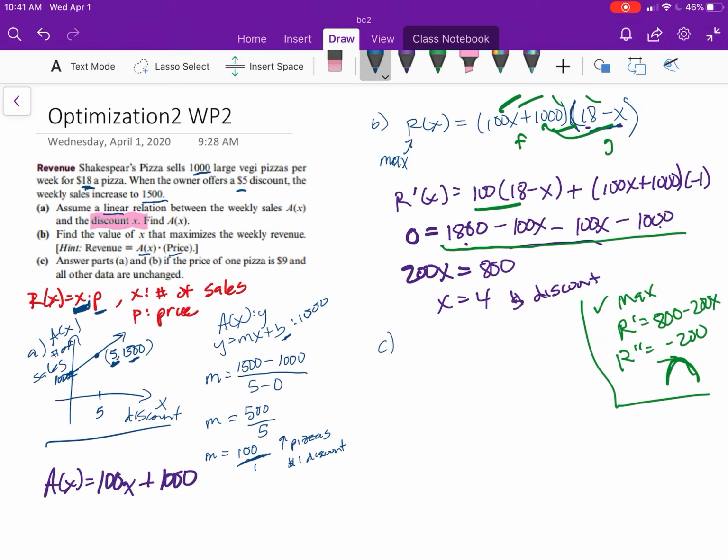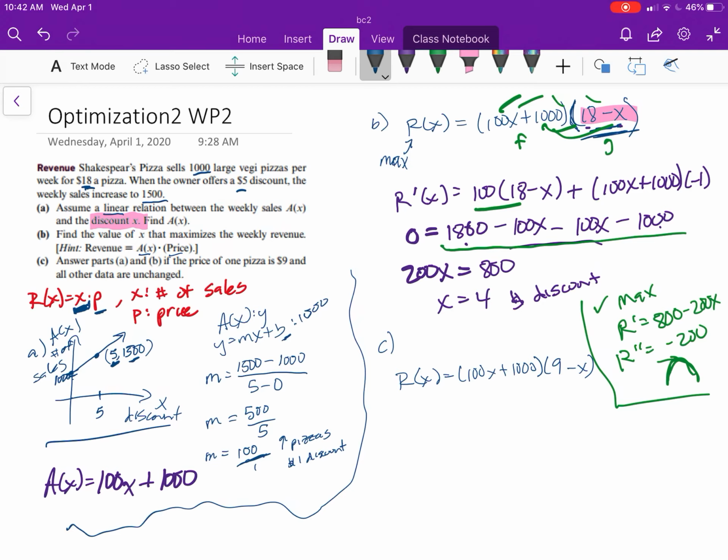I'm kind of glancing through, and I didn't use the fact that it was an $18 pizza in A. I didn't use it till right here in B. So therefore, everything should remain the same, except change it to a 9.